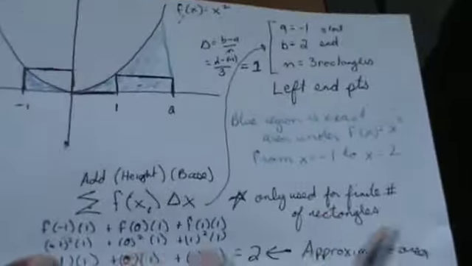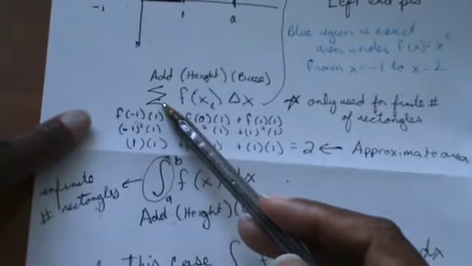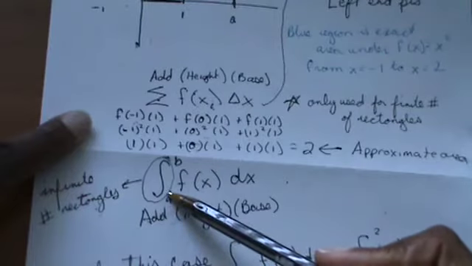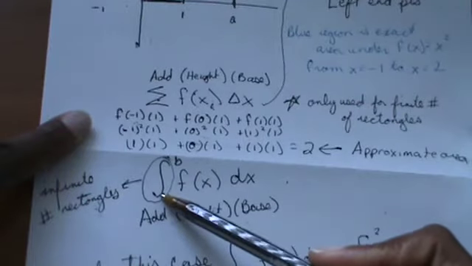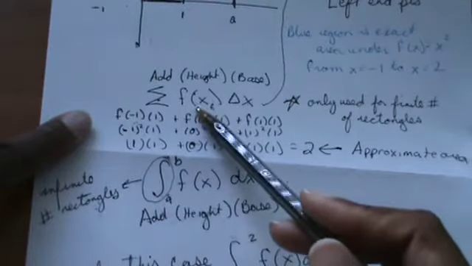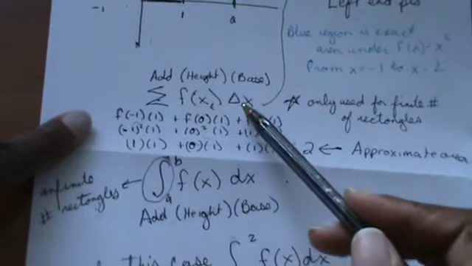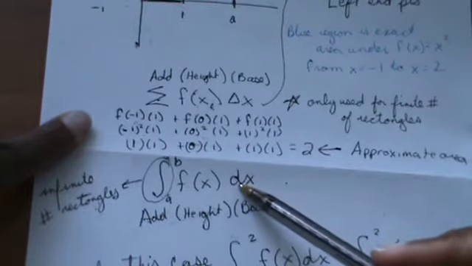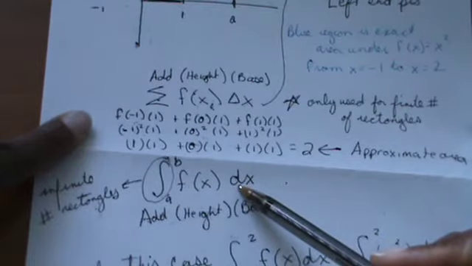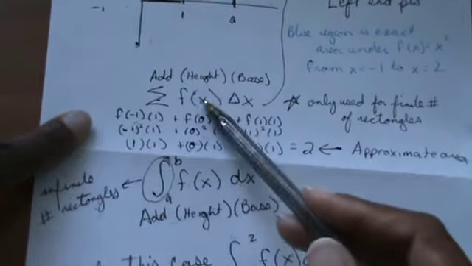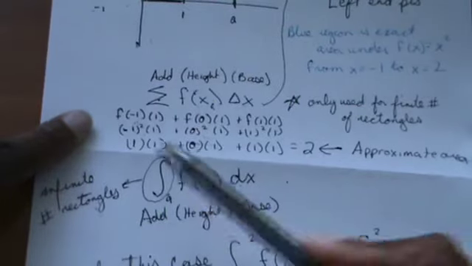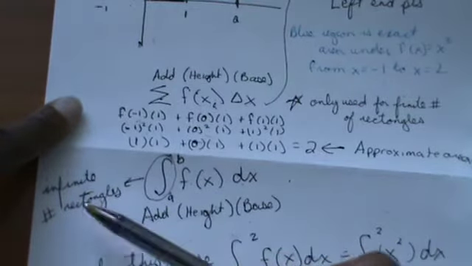because if you have an infinite number of rectangles, that's what you see here, the notation changes slightly, right? Instead of having the sigma, you have what students typically call the s. It's an integral. It's still height times the base, so this looks different, f of x dx. Still the base, still the height, still adding, but you are adding an infinite number of rectangles.